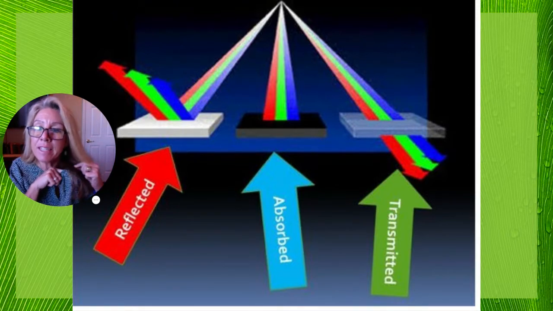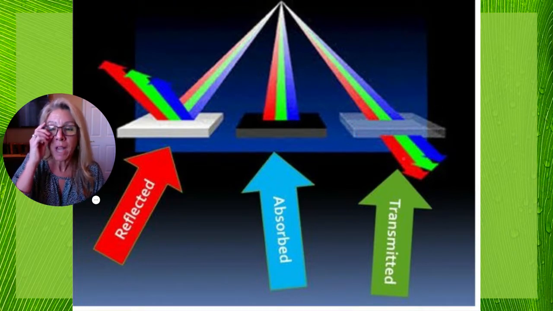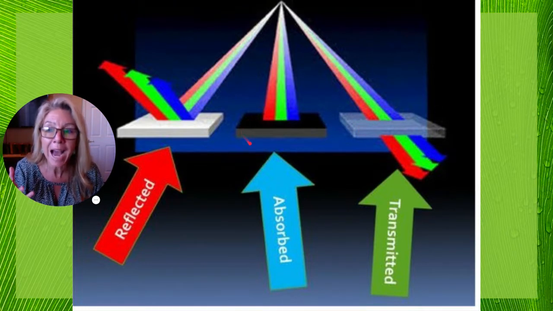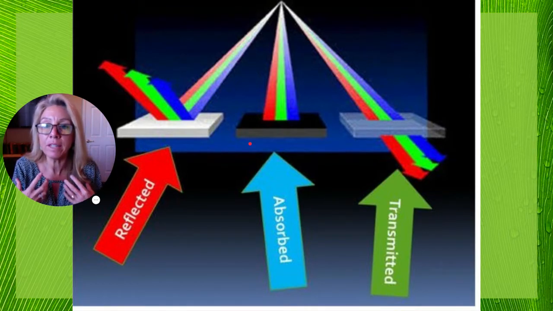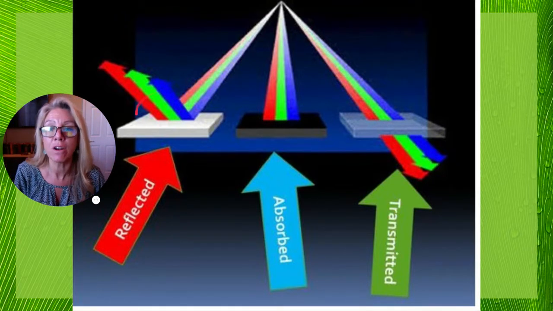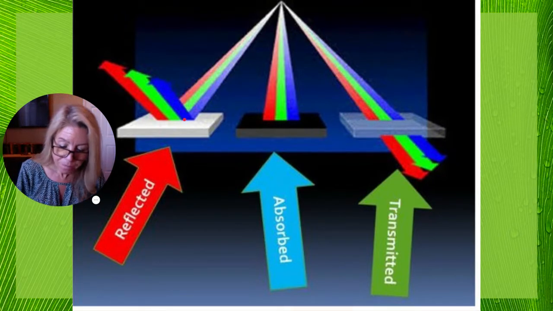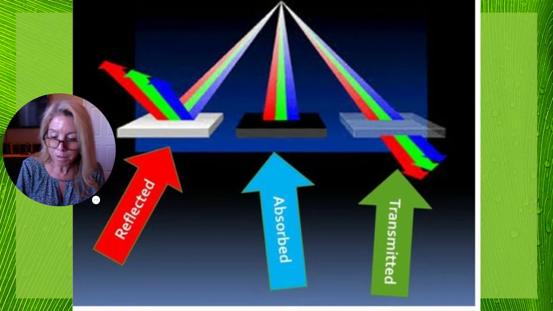And then if it's thin enough, light could pass right through it and it could be transmitted as well. Now, if somebody was wearing a black shirt, that means they are absorbing every single wavelength there is. If you have a white shirt, it means you're reflecting all those wavelengths of light. So on your notes for pigments and photosynthesis, light is either absorbed, transmitted, or reflected.